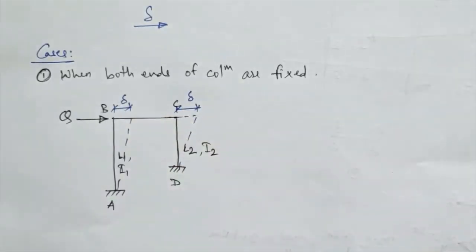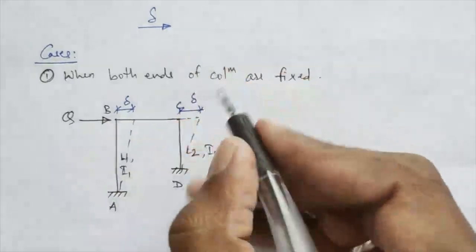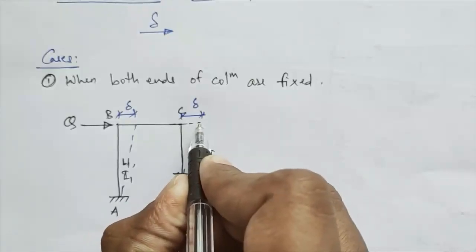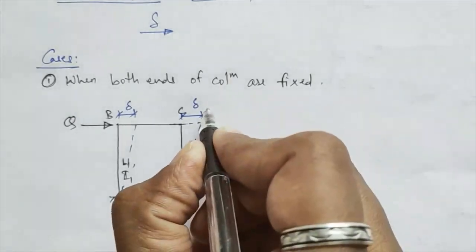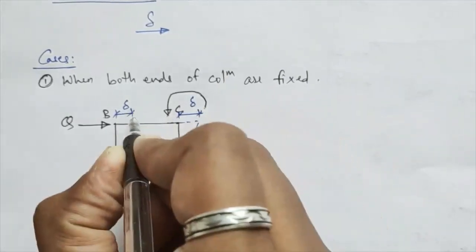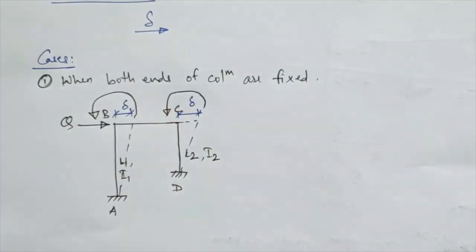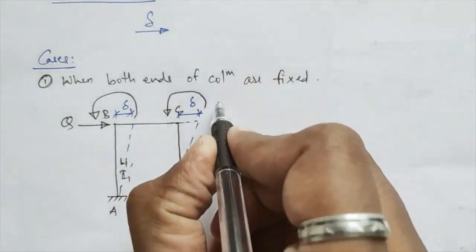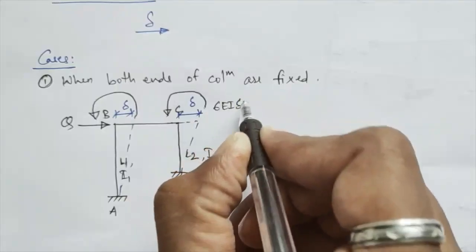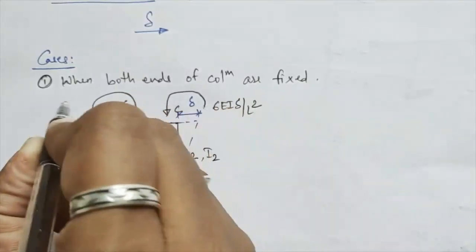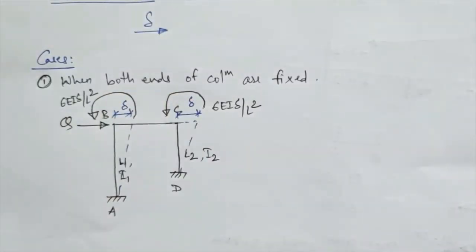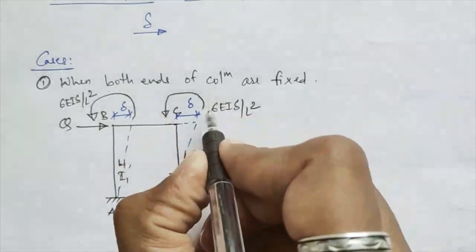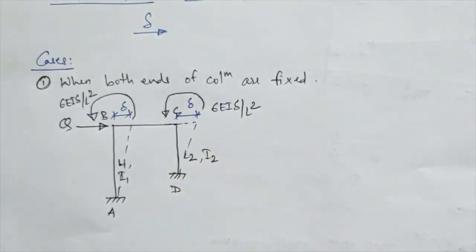As per our previous conventions, due to this swaying effect, translational rotations are induced at joint C and also at joint D. The amount is 6EI delta upon L square for this, and 6EI delta upon L square for this also, irrespective of sign conventions. I am not noting sign conventions here, but you can just write the value 6EI delta upon L square.